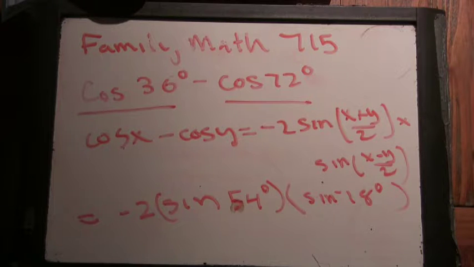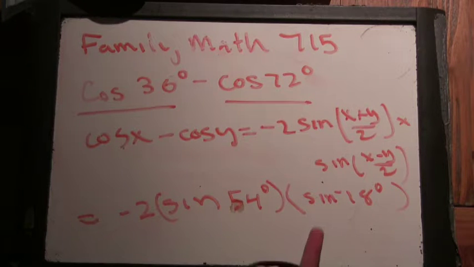Well, we could figure out what sine of a negative angle is. How can we simplify sine of minus 18? Well, cosine of 90 minus an angle would be sine of that angle.